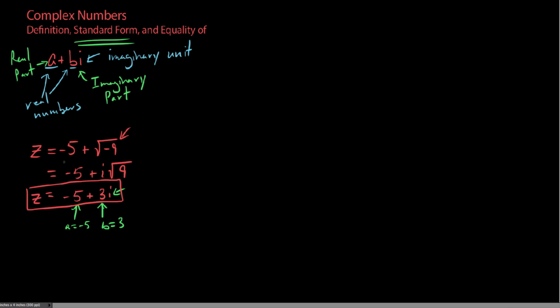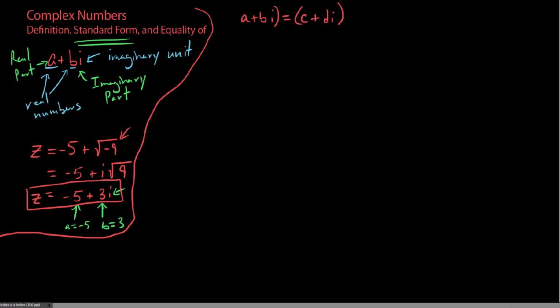Now let's explore some of the properties of complex numbers, like equality. We can say that two complex numbers, a plus bi and c plus di, can be set equal to one another, but we need to lay out the rules here.